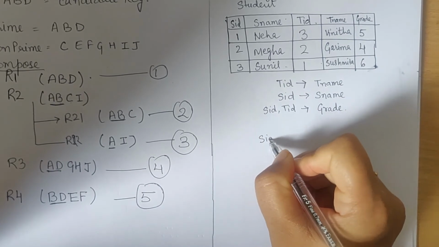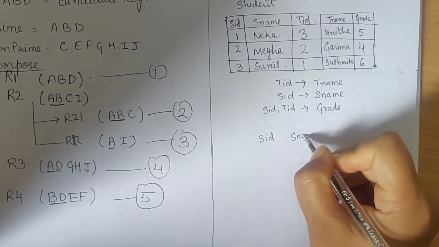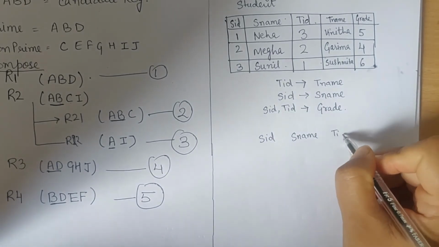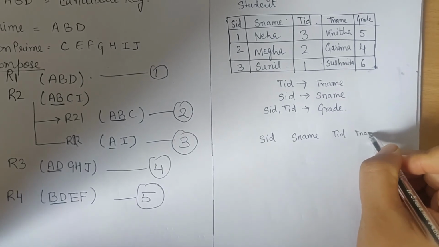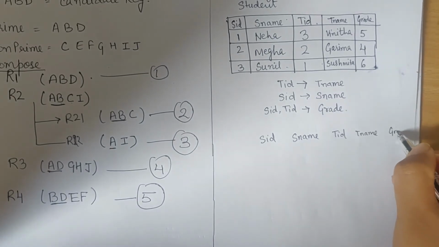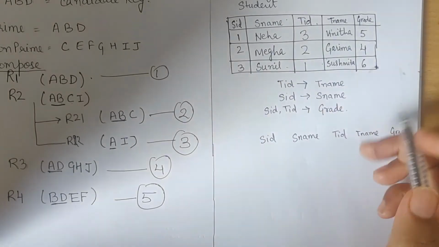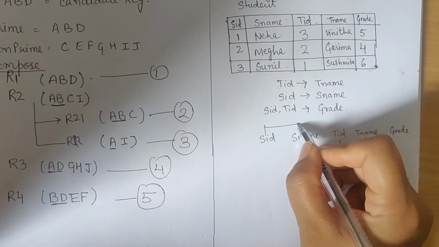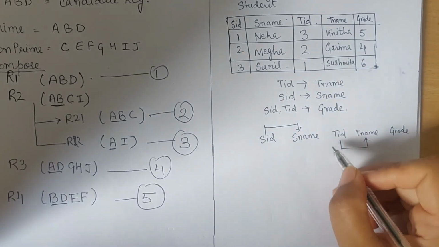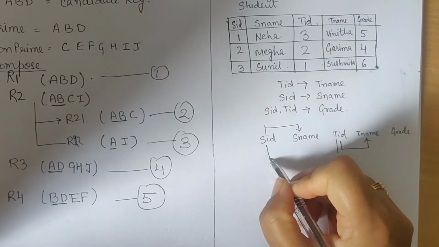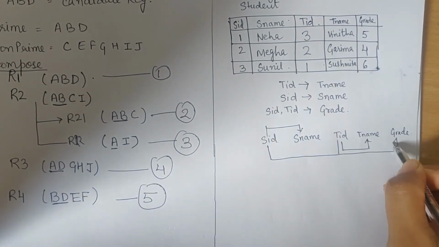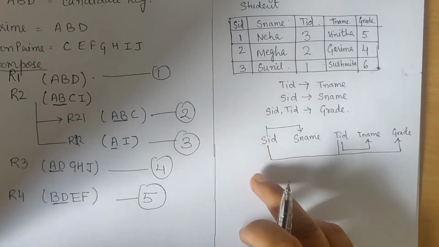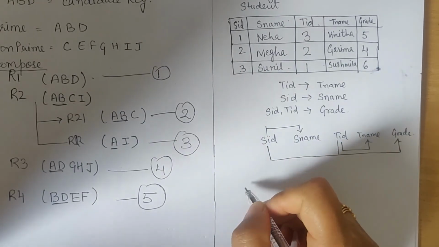I can see SID, SName, TID, TName and grade. Let's find out the key. TID determines TName, SID determines SName, and TID and SID together determine grade. That means who are the important attributes? SID and TID.